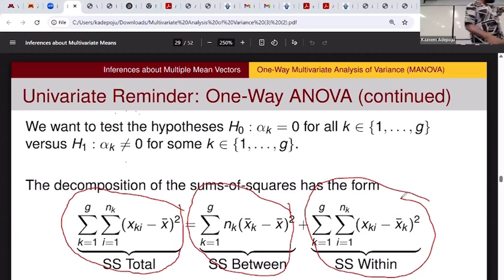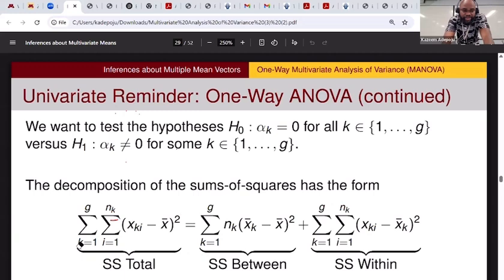We're always going to have unexplained. Unexplained is sum of square within. Explained is sum of square between. So the analysis of variance will enable us to decompose the total sources of variation into two components. That is exactly the idea that we're using.